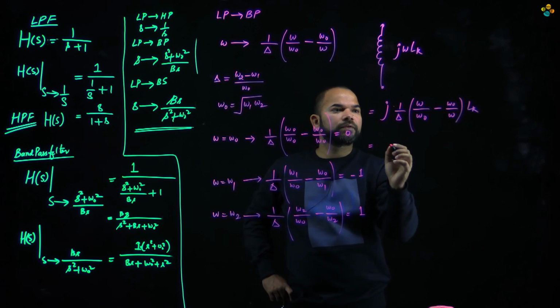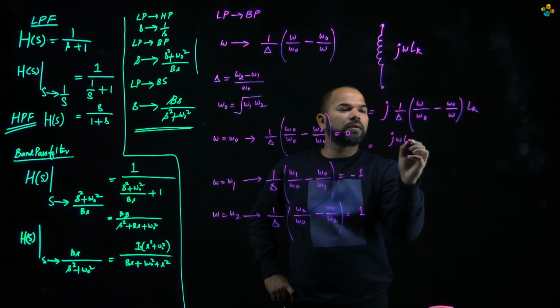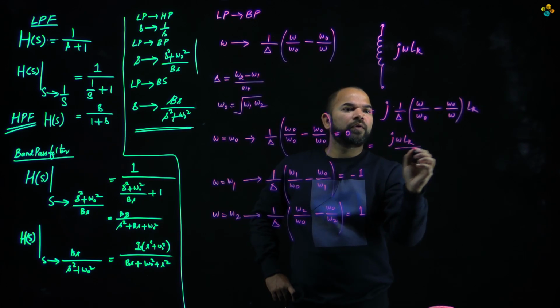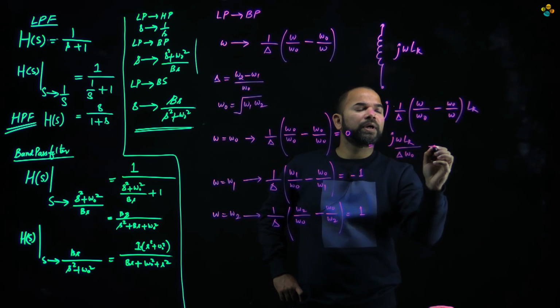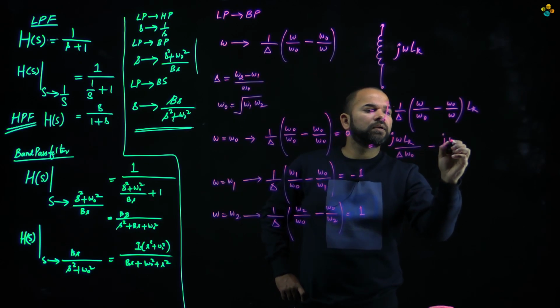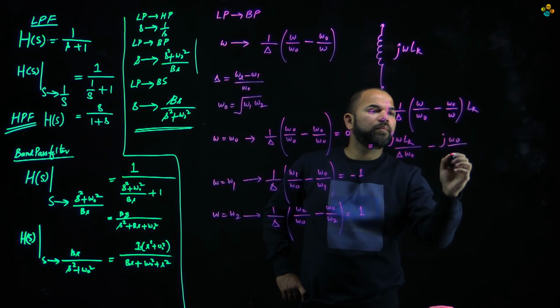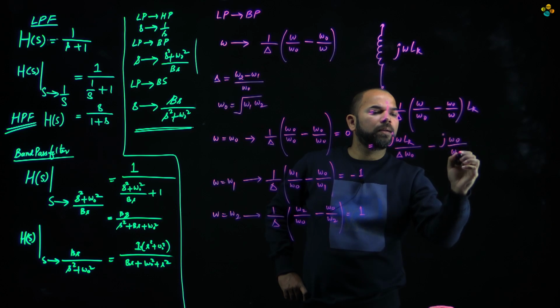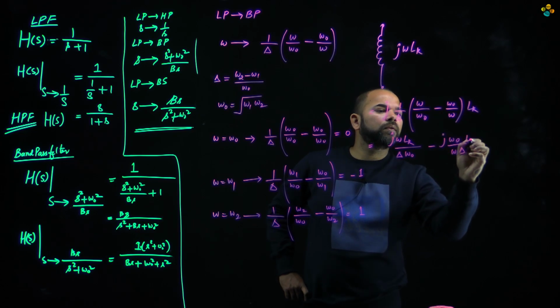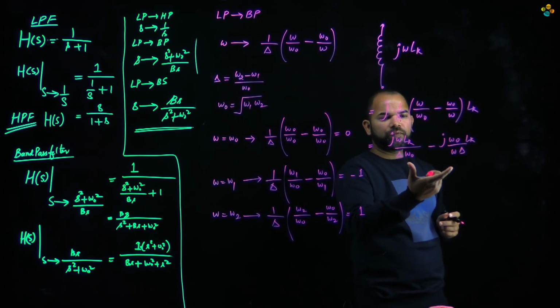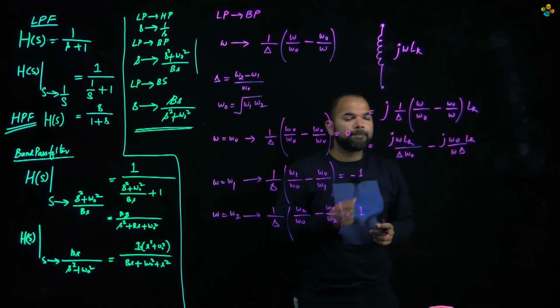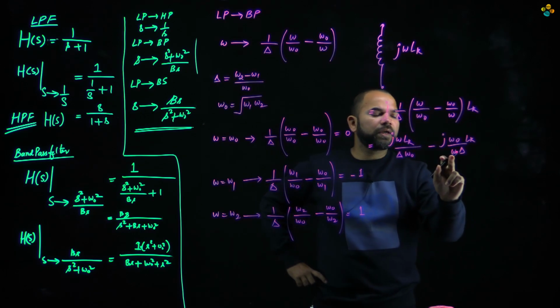So let's solve this. This is j omega Lk divided by del omega naught, minus j omega naught divided by omega into del into Lk. If we see this very precisely, omega is the variable here.